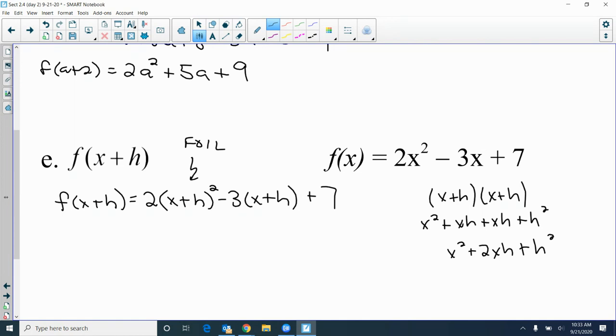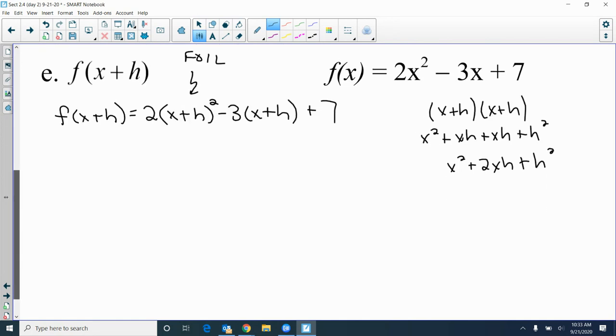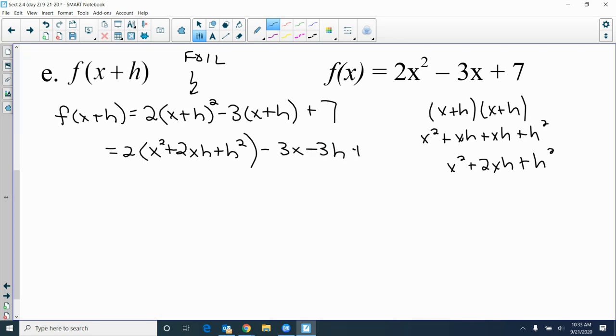Okay, and this one actually comes up a good bit, so I wanted to make sure I went through it one time together. So you replace that (x plus h) squared with that trinomial. And then I'm going to go ahead and distribute that -3, and then distribute the 2.